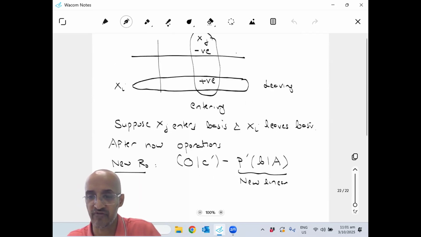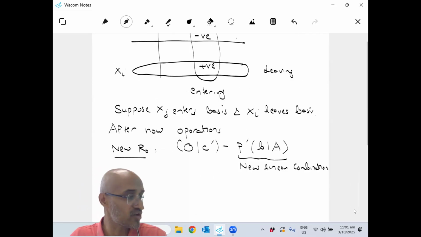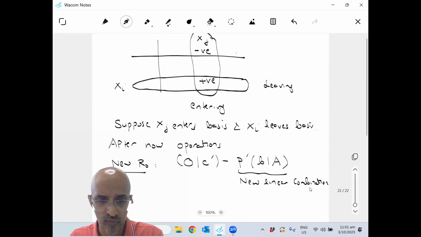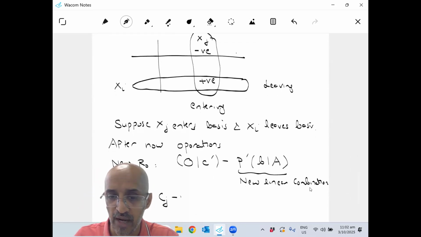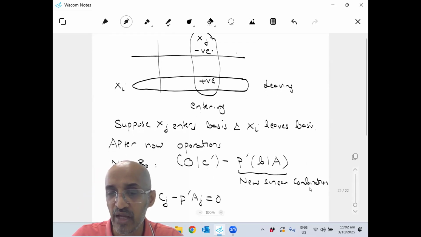This new linear combination that we are creating, what does it have to satisfy? We made the reduced cost go to zero. So in this new basis, when I did my shift, I made this zero. So Cj minus P transpose Aj has to go to zero. I make this number go to zero with my operations.